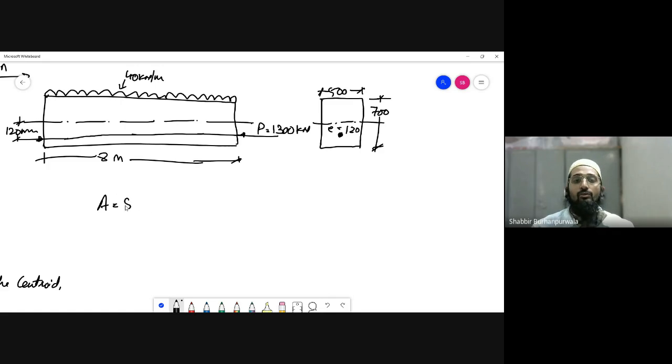Area is equal to... Then can you give me the value of Z? Now this is a symmetrical section about the axis, so Zt is going to be equal to Zb, which is going to be how much?